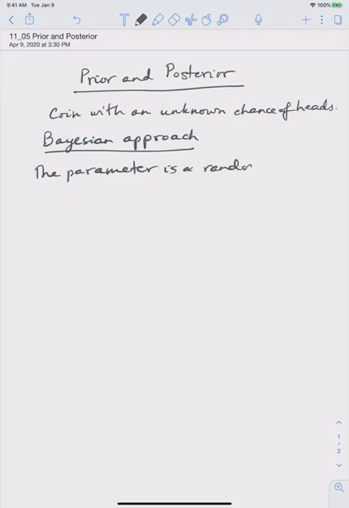And this is a new way for us to look at parameters, and it is extremely versatile and extremely powerful. So what does this mean?